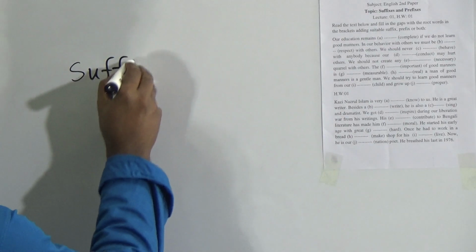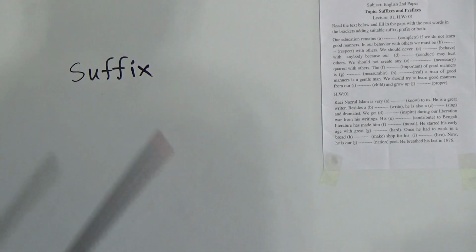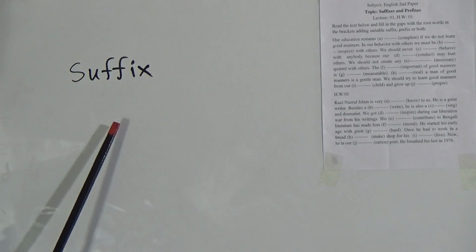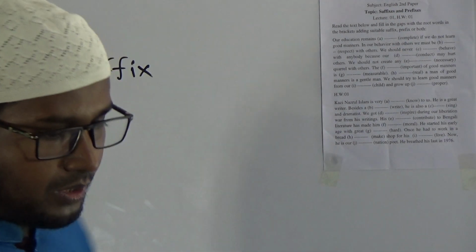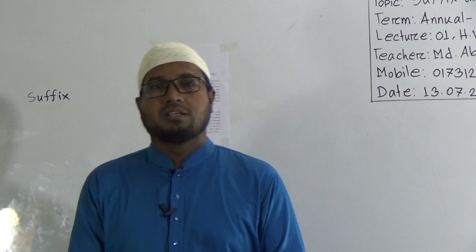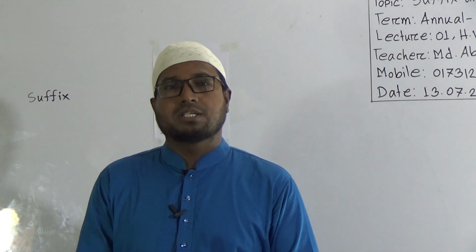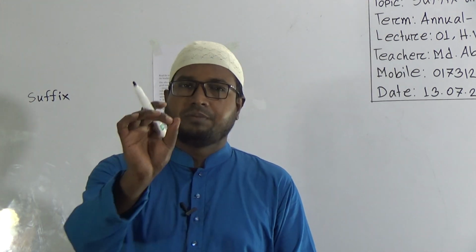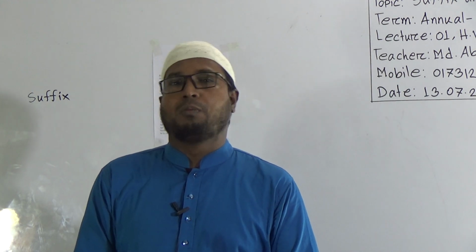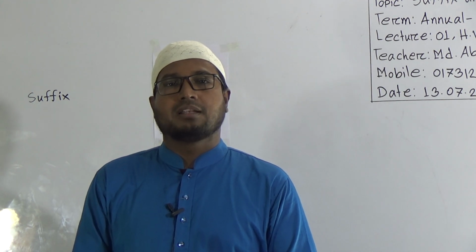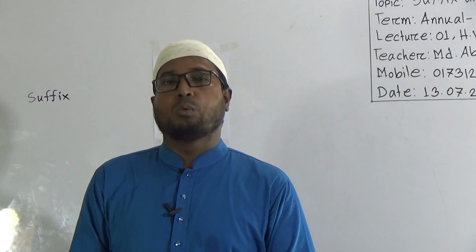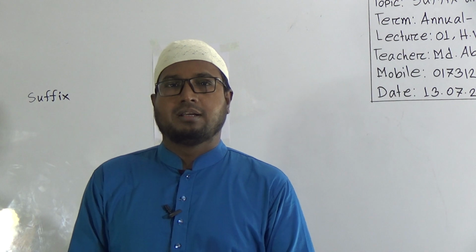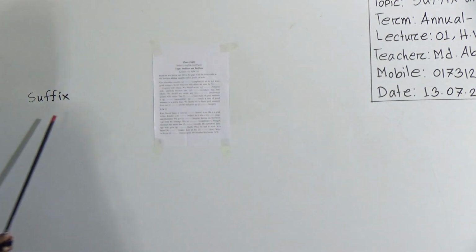Look at this word. Suffix. Look, what I have written here, suffix. I am telling you the definition of suffix at first. Suffix represents a letter or a group of letters which are added in a word to make another word.